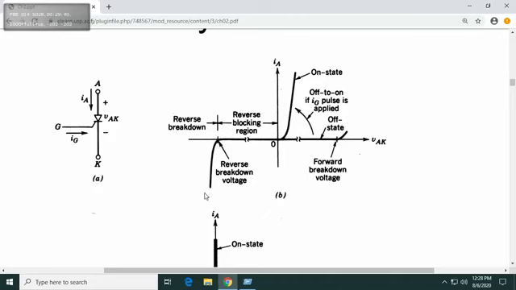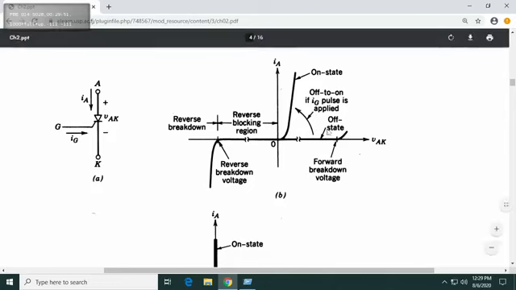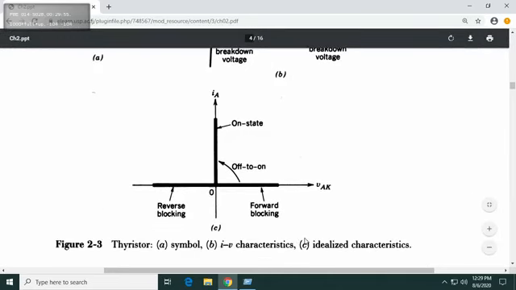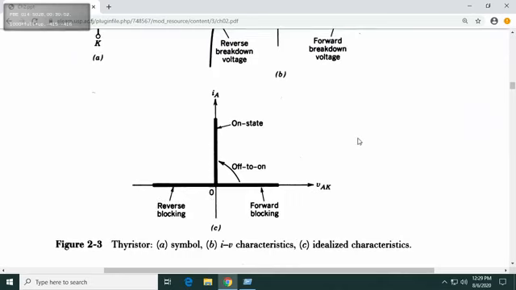Clear how the thyristor works? Any point you are not sure about on the characteristic curve? It's clear, right? And then we have our ideal working characteristic. Just simple. If it's reverse blocking, it will block till infinite. Forward blocking, it will block till infinite. And in on state, the voltage will go high, the current.